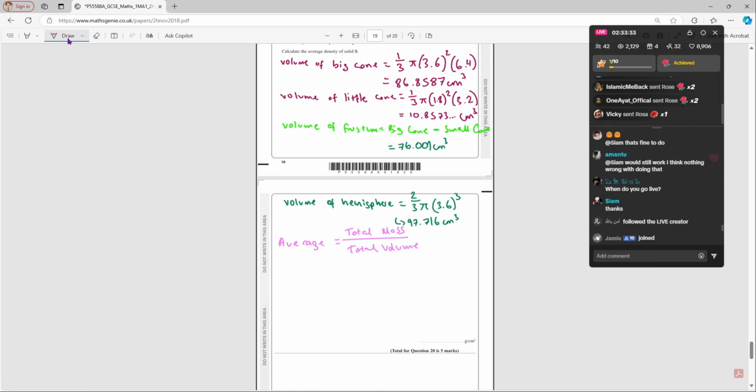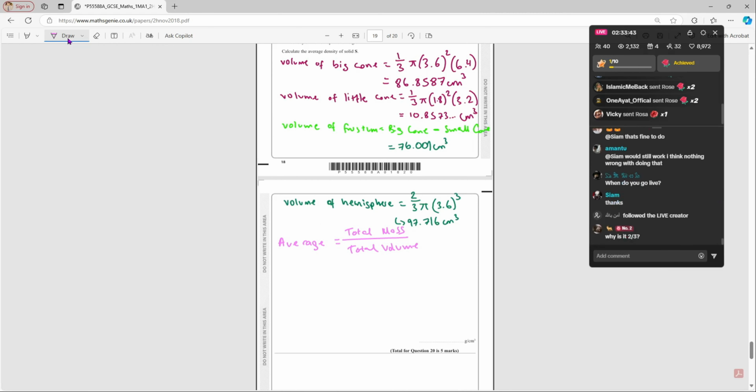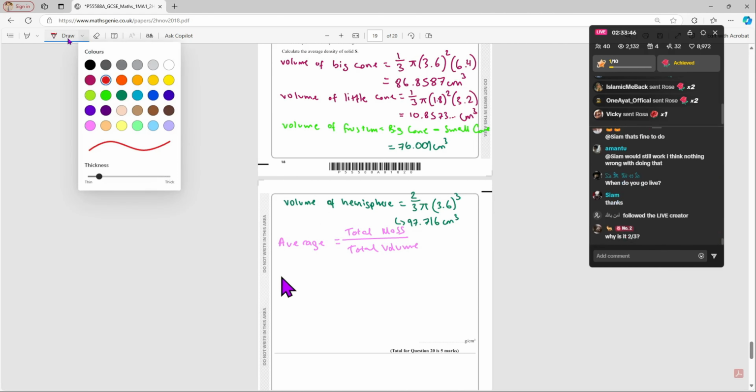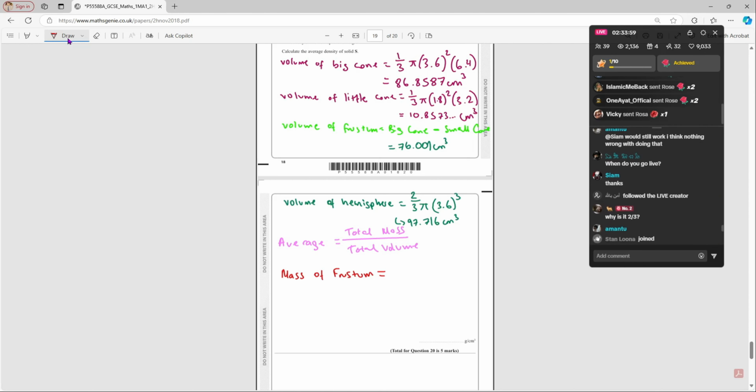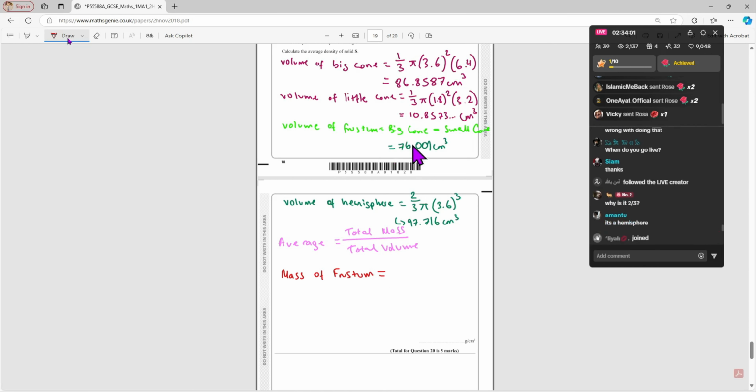So now once you have gotten that, that's our formula. So to work out the mass of the frustum, the mass of the frustum is going to be equal to the volume, which is 97.716, times by the density.